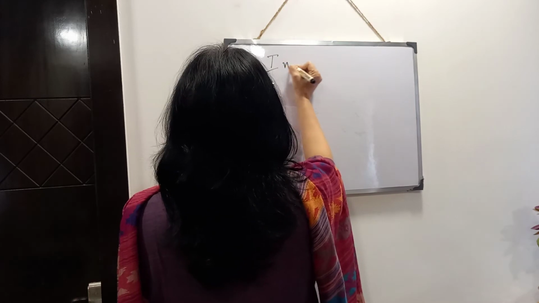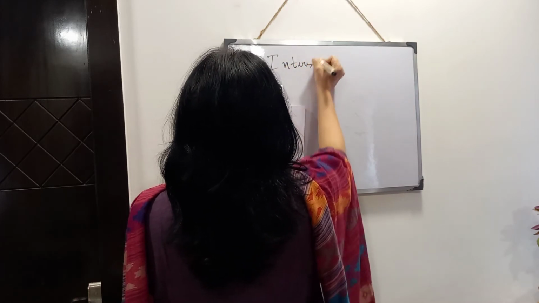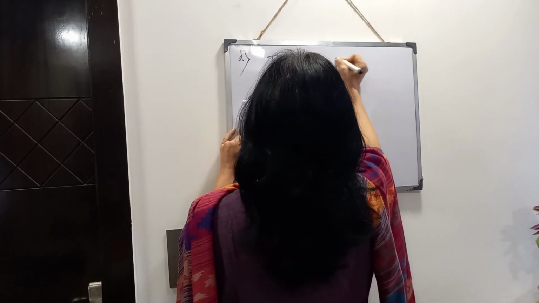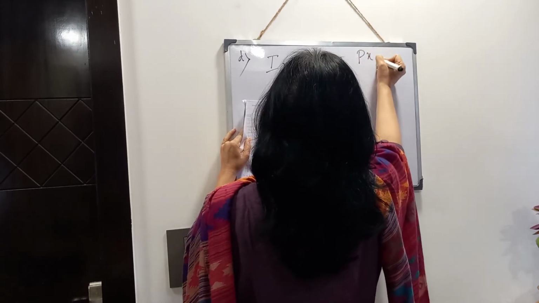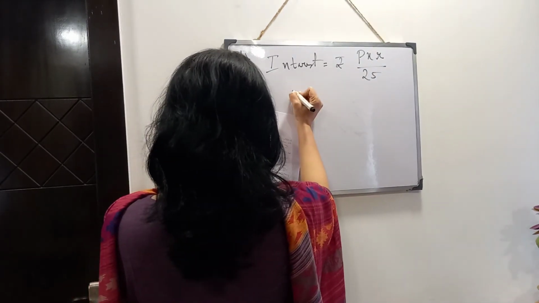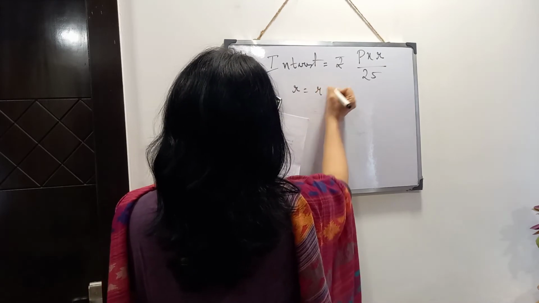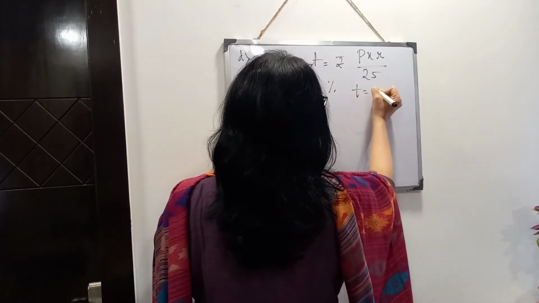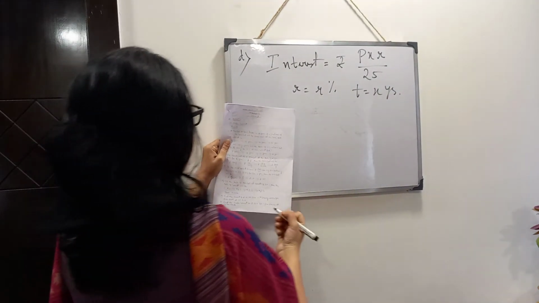Writing interest equals rupees PXR by 25, rate given R%, and time period given X years. Clear? Then the principal will be this.